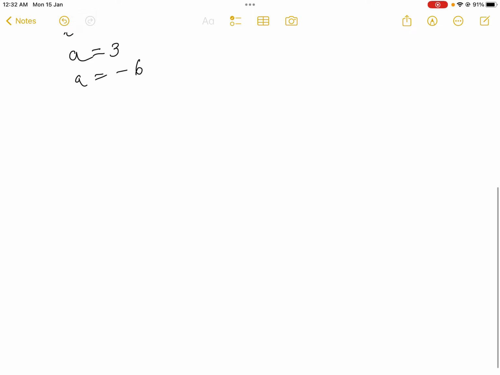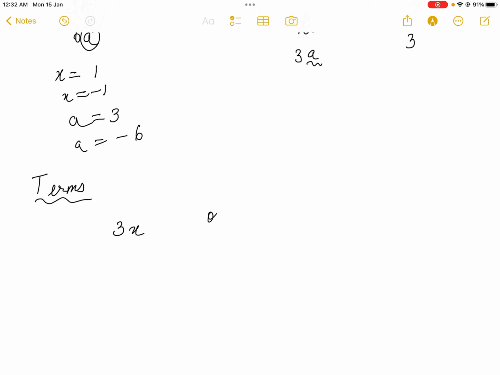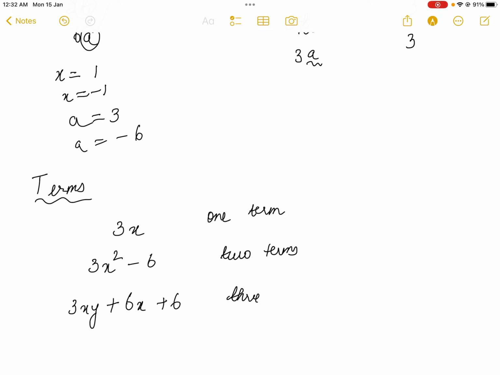Okay, so the next thing we'll go with is terms. Using the same example, you come across an expression like this. Okay, so this is an algebraic expression with just one term. All right, and suppose you come with an expression like this. How many terms do you see? 2 terms, right? Or even an expression as complex as this, which might confuse a lot of students sometimes, or may not. 3 terms.